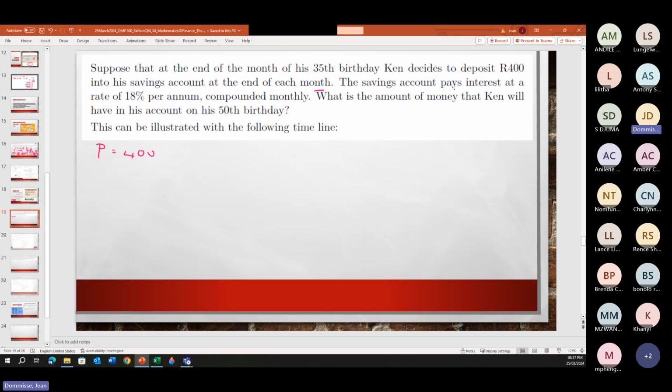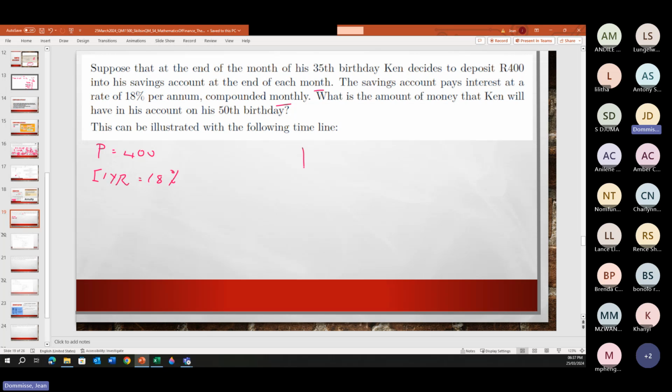The savings account pays interest at a rate of 18% per annum, compounded monthly. So interest rate is 18%. What is the amount of money that Ken will have in his account on his 50th birthday?